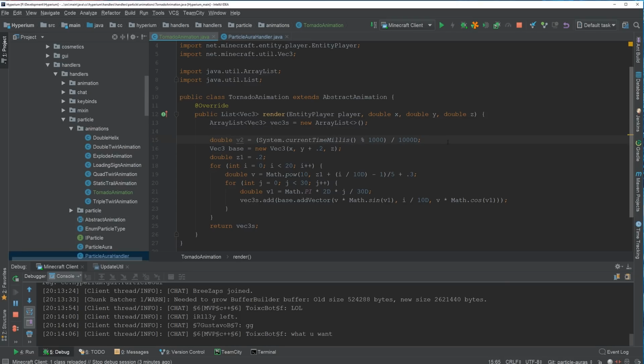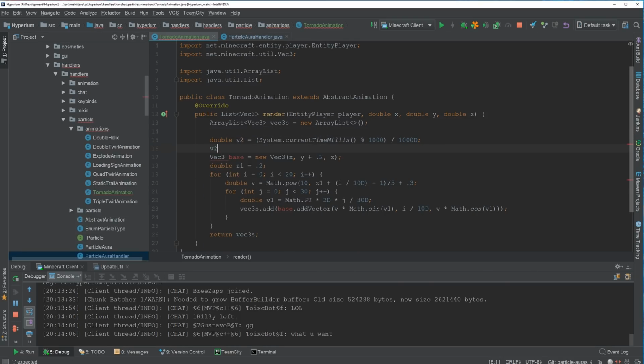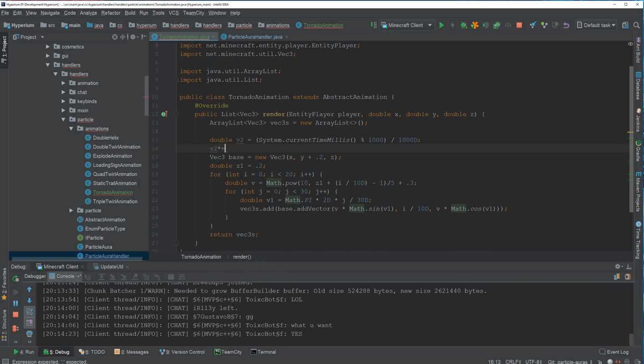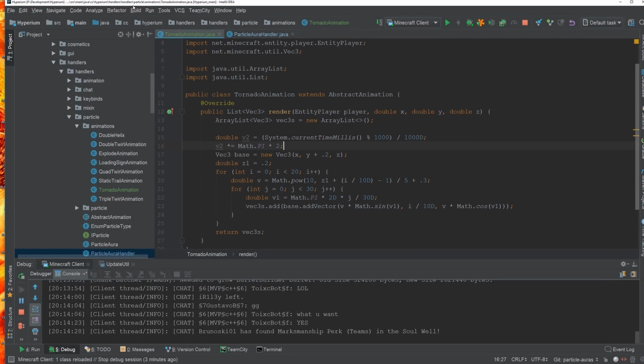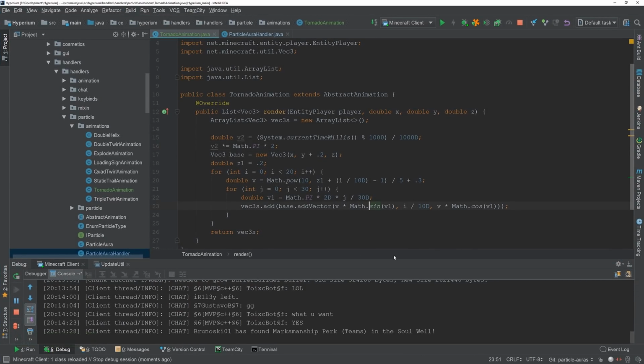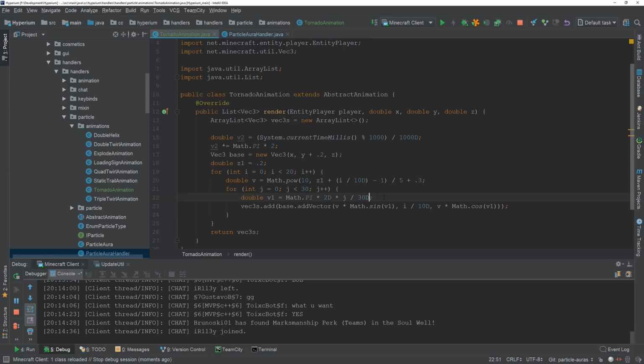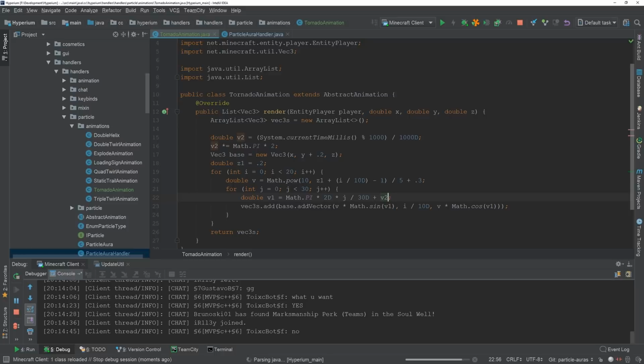And we need to multiply V2 times equals Math.PI times 2. Oops. And then, since this goes around, we're gonna add V2 to it, and then we're just gonna see what that does.